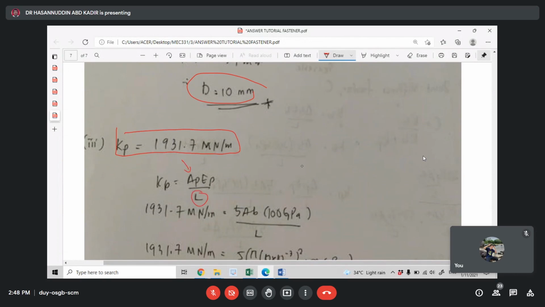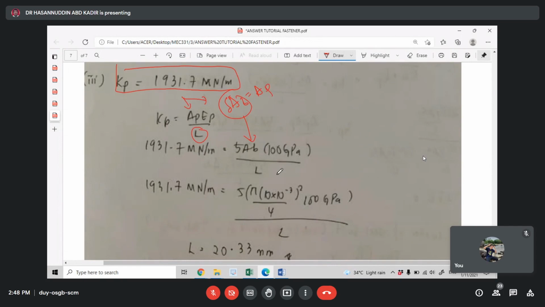AP you can convert, they already mentioned it. So AP is 5 times AB, so you can put 5AB here because you know the value of AB.